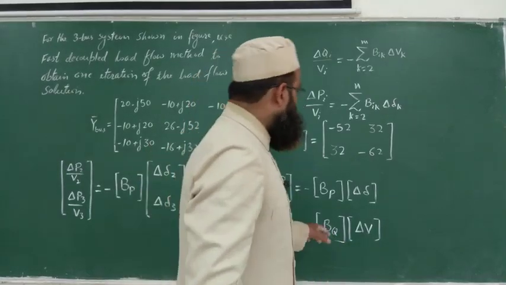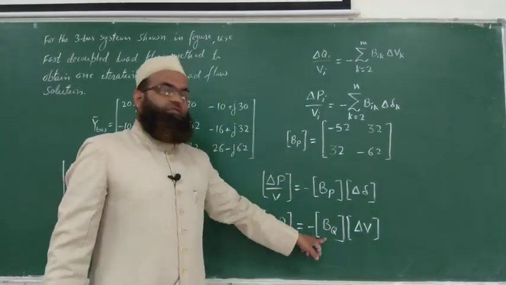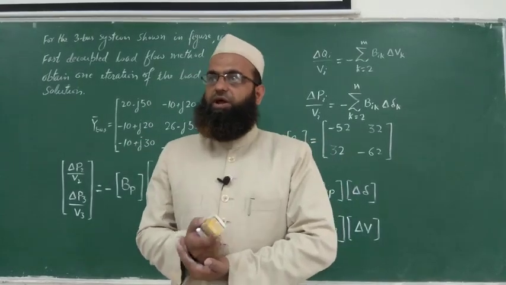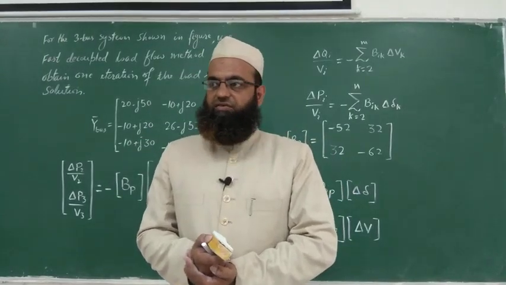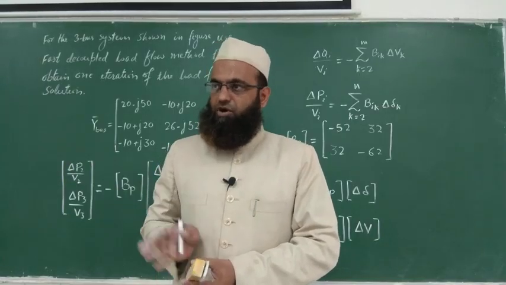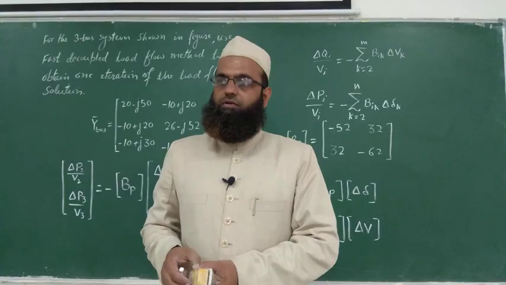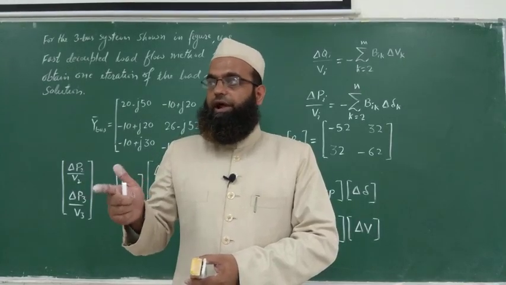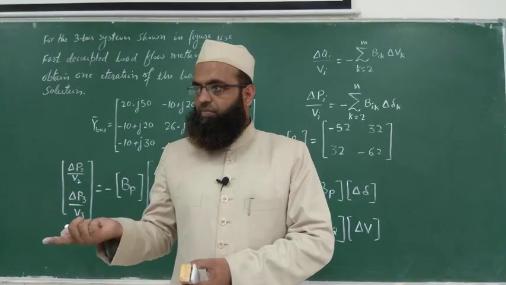So what will be the order of this matrix B'' in general for an n bus system in which bus number 2 to bus number M are PQ buses and the remaining buses are PV buses, except the slack bus, which is bus number 1? So what will be the order of this? M minus 1 cross M minus 1.